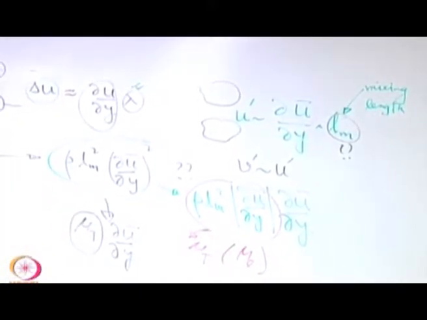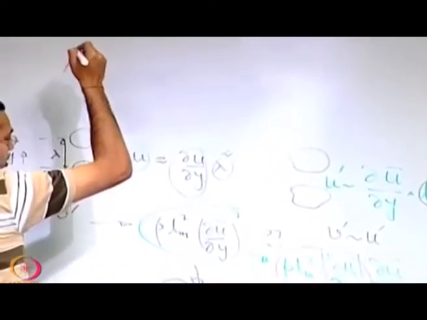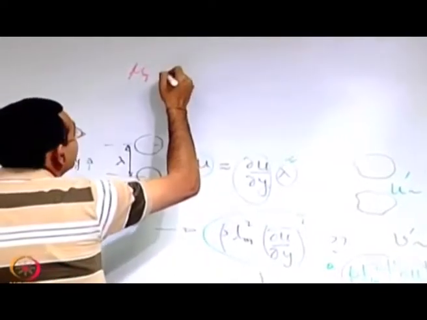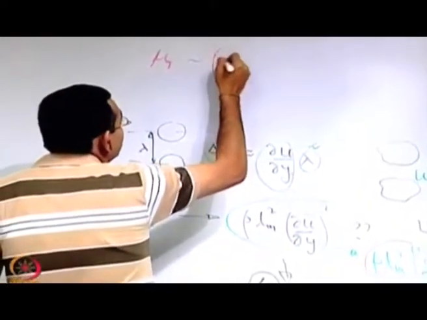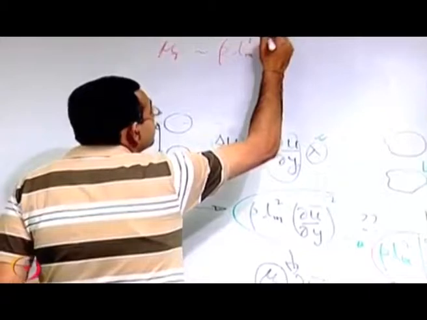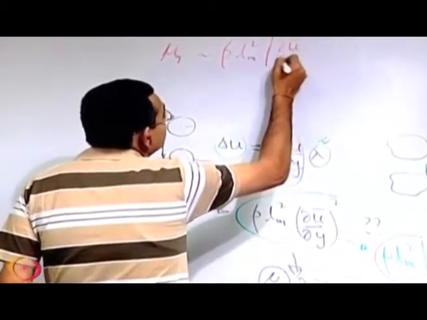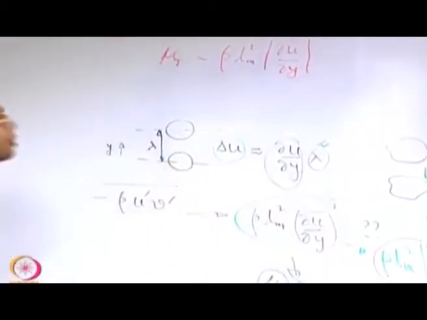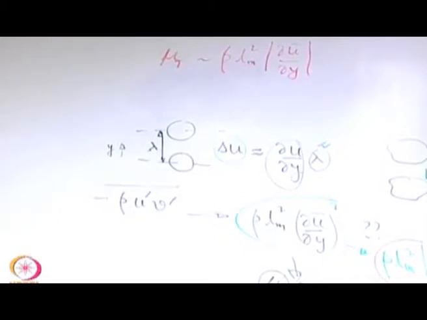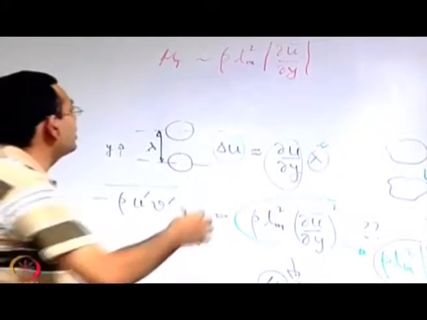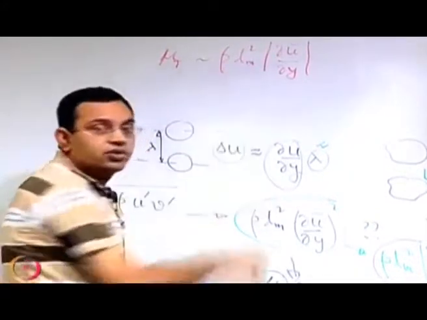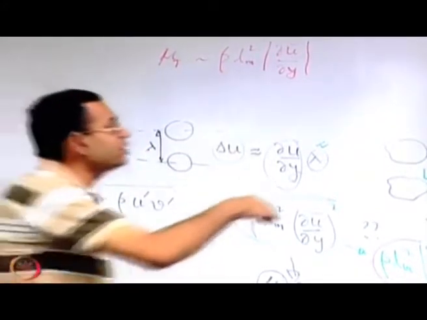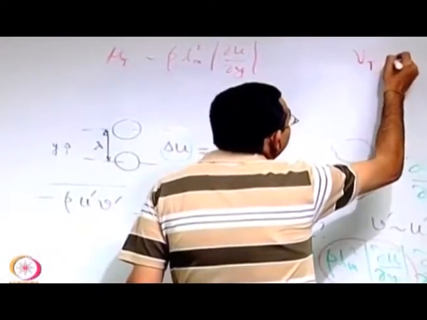So the summary of Prandtl's initial work is that mu t, or the eddy viscosity, Prandtl said, is related in this way. Sometimes a kinematic eddy viscosity is also considered, that is you divide mu t by rho. So that is written as nu t, that is mu t by rho.